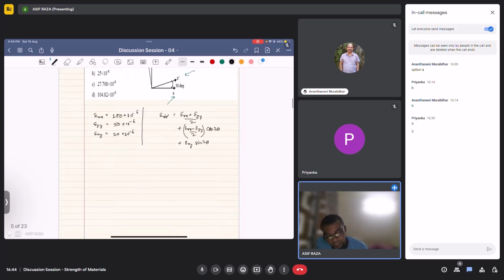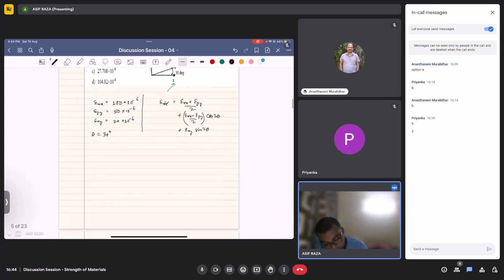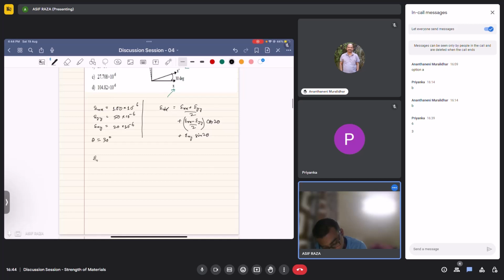For the given problem, theta is equal to 30°. So let's find epsilon x dash.